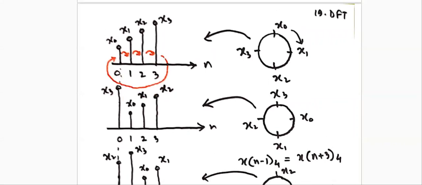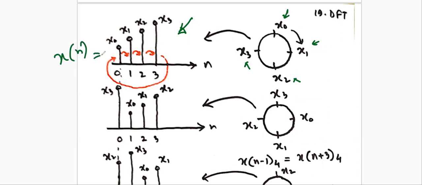The example can be shown like this. For understanding, this is linear, and actually the samples look like this. It can also be shown in a circular way. So this is our x0, x1, x2, and x3. This is exactly our x[n]. This is the mother signal.